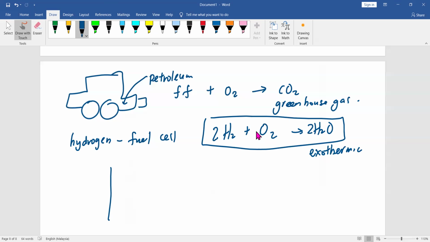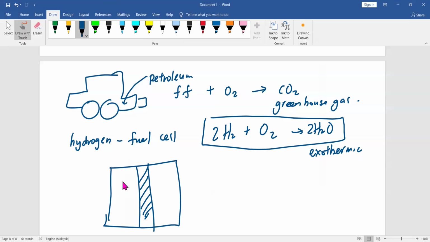But we're not going to just put hydrogen and burn it. What we do is change it into a battery. We pump the hydrogen until it becomes a liquid. We pump the oxygen until it becomes a liquid. And then we force them to react and pass through an electric wire. In the middle, we put electrolyte.